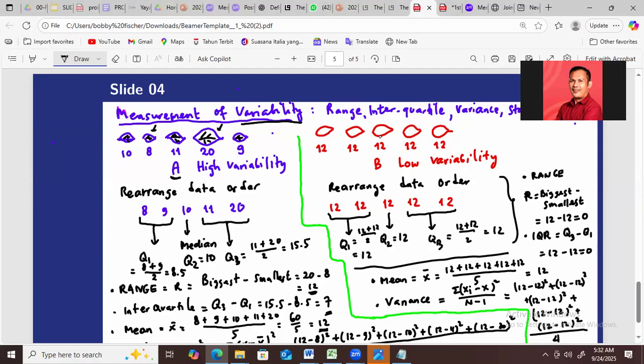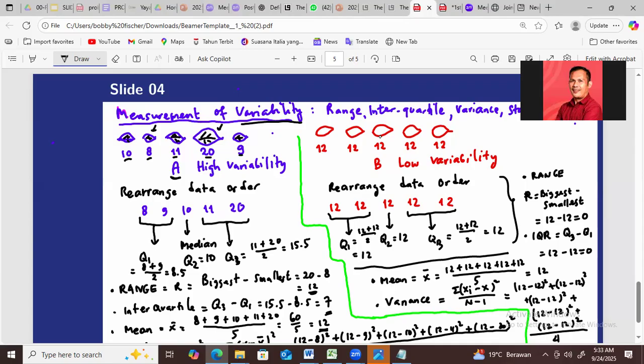The smallest one is 8 centimeters and the largest one is 20 centimeters, and there are other sizes, which are 10 centimeters, 11, and 9. So we say this data set has a high variability, because the smallest one is 8 and the largest one is 20, quite large in variability.